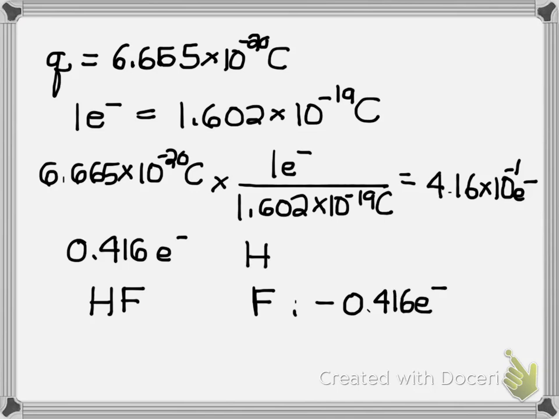The hydrogen will have the same charge, but opposite in sign, so it would be a positive 0.416 e. So that would be the actual charge in electronic charge units on the molecule HF.